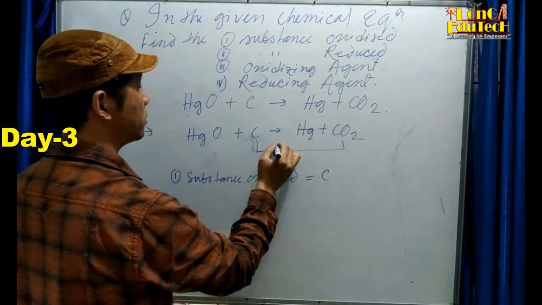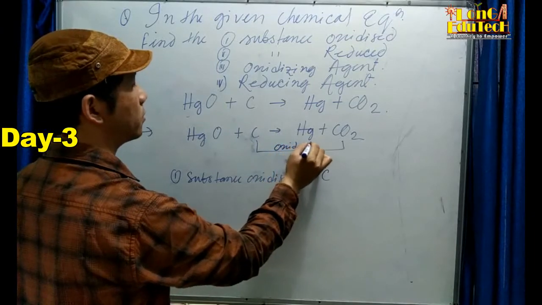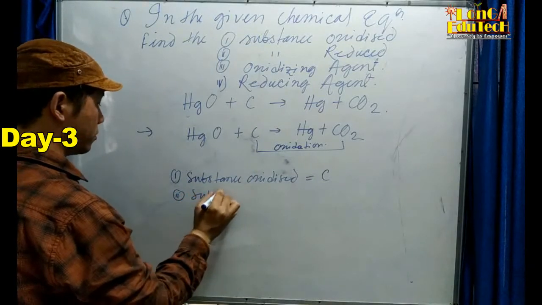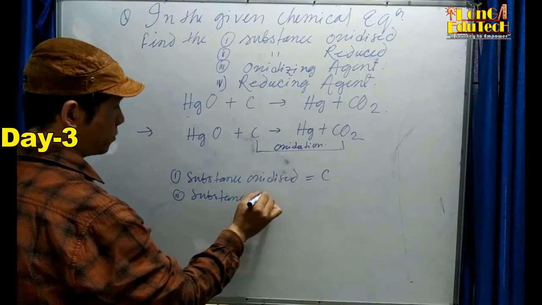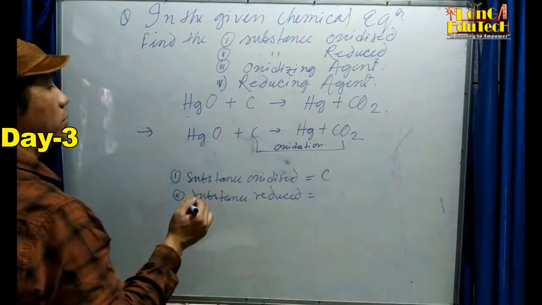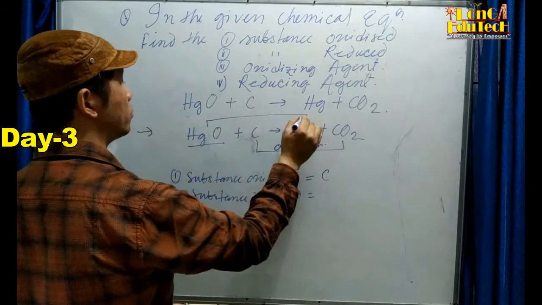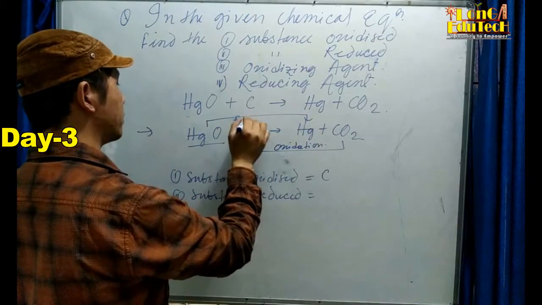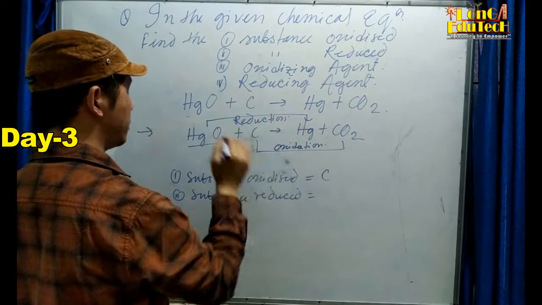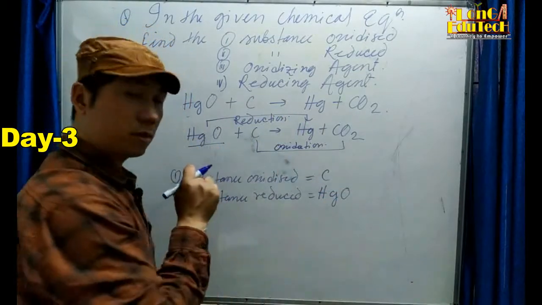Okay, so this is the oxidation here. And the substance reduced, the substance that will get reduced. Mercury oxide loses oxygen and reduction occurs, right? Substance reduced is not mercury, it is mercury oxide.